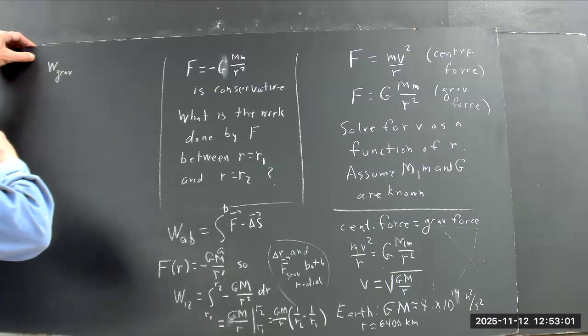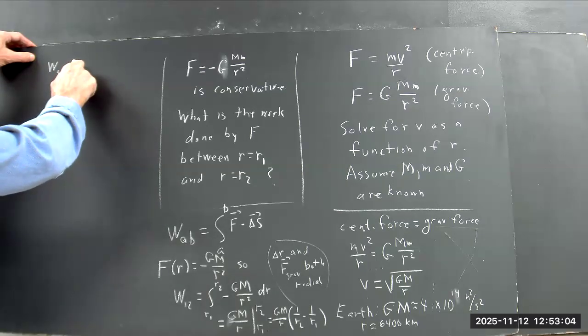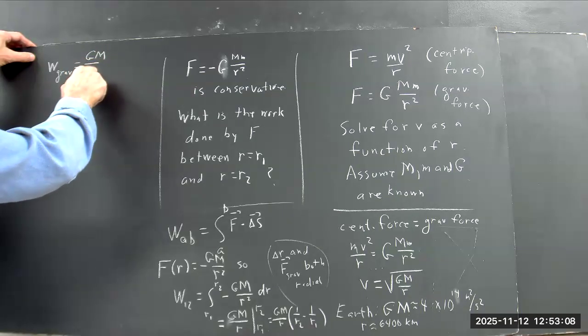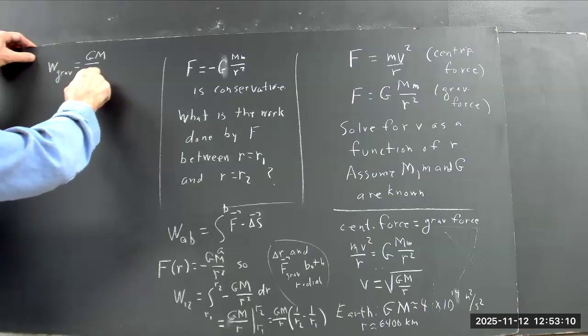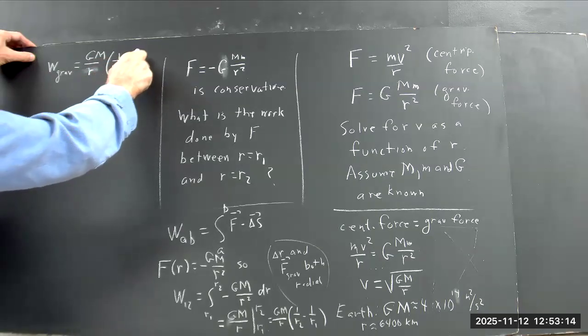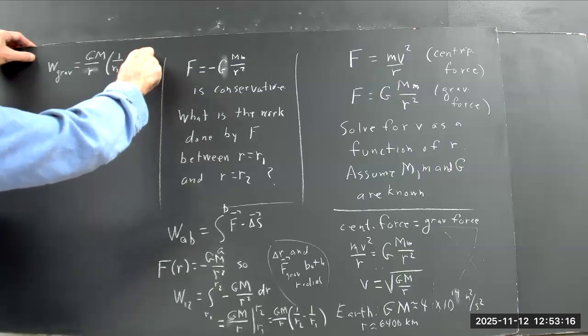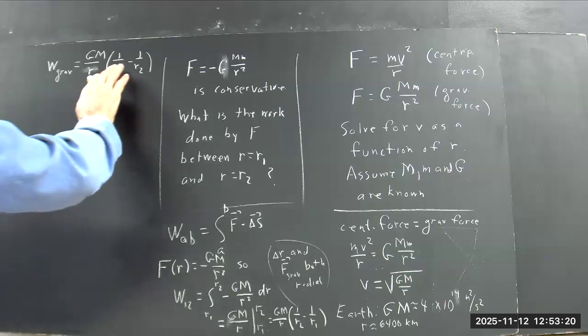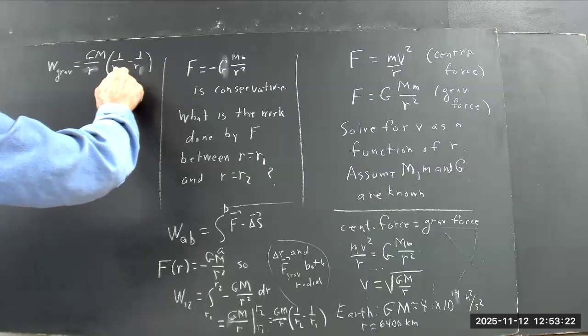Work by gravity. Big G, big M over R times 1 over R1 minus 1 over R2. Sorry, it's 1 over R2 minus 1 over R1.